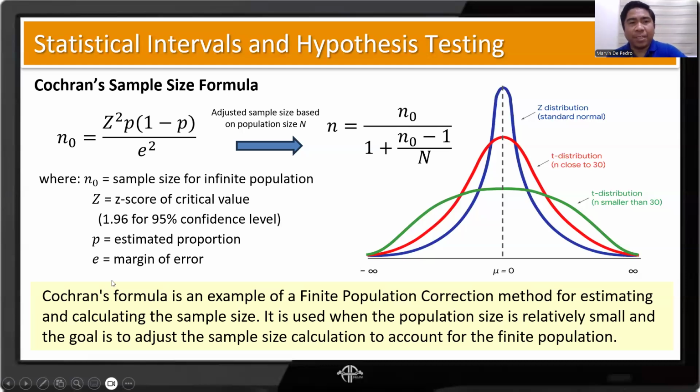Once we have these three, the Z, the P, and the E, we plug them into our formula and get the minimum sample size that we need to make sure that our estimation is unbiased. That's just one step.